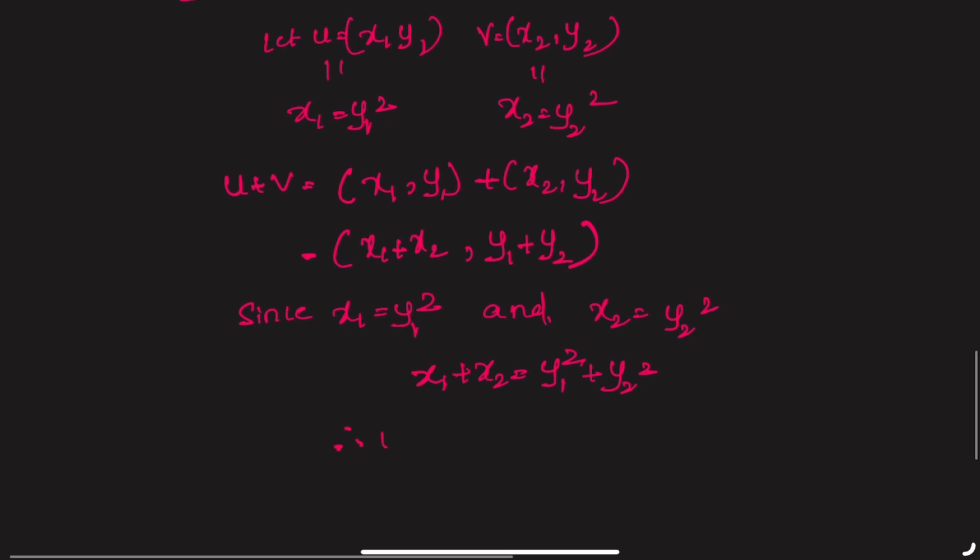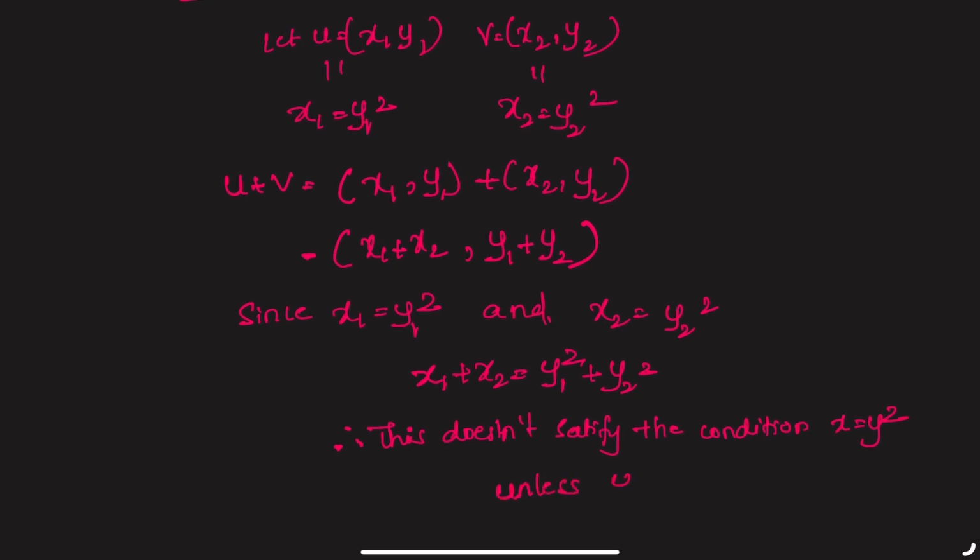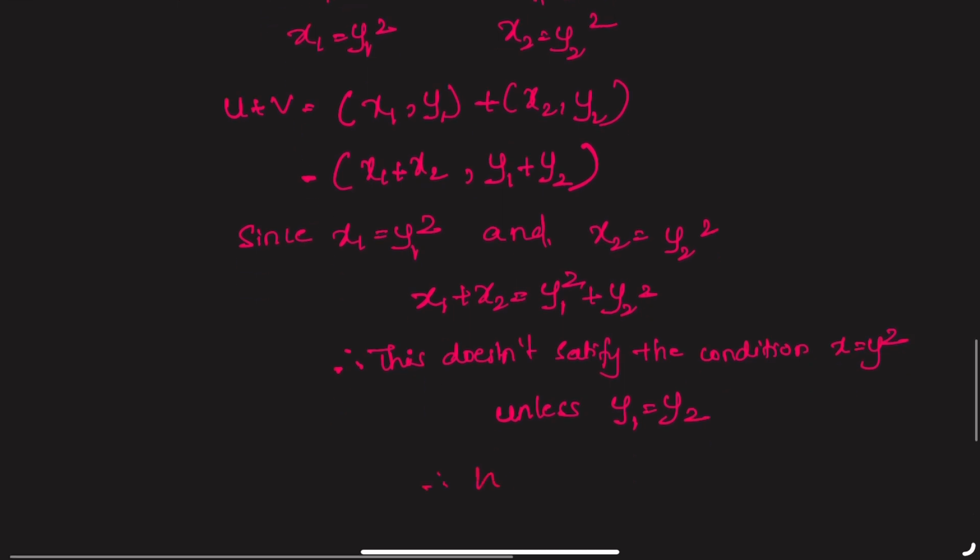However, this sum doesn't necessarily satisfy the condition x equal to y squared, unless y1 is equal to y2. Only then will I get x equal to y squared. So I can clearly say that the set is not closed under vector addition.